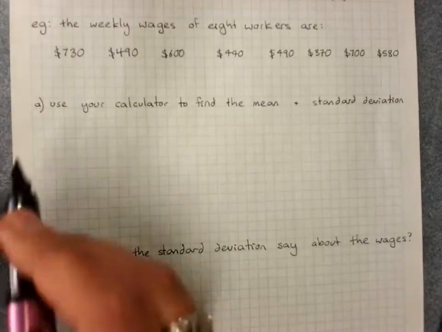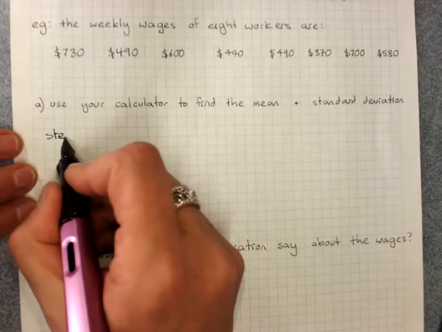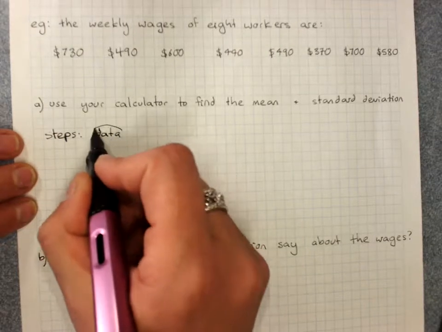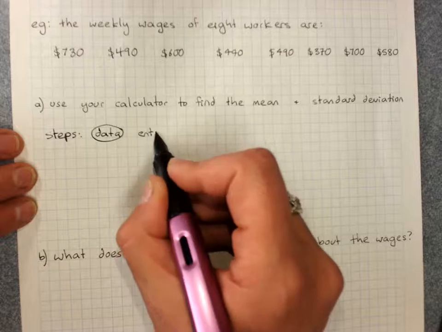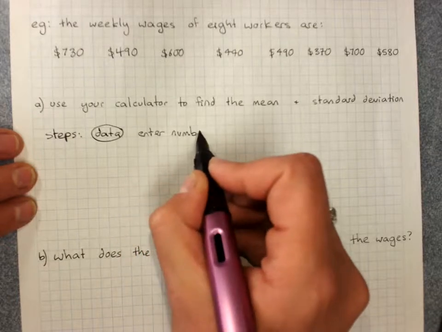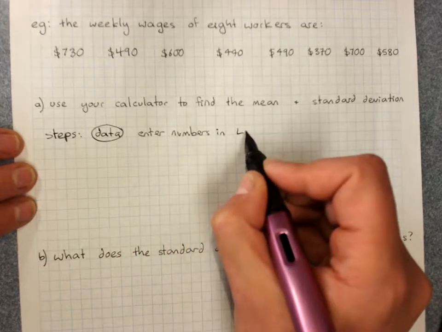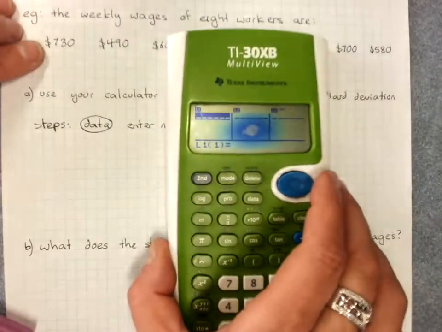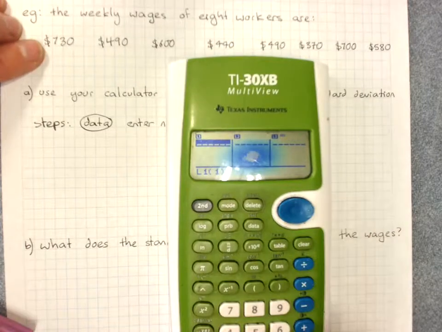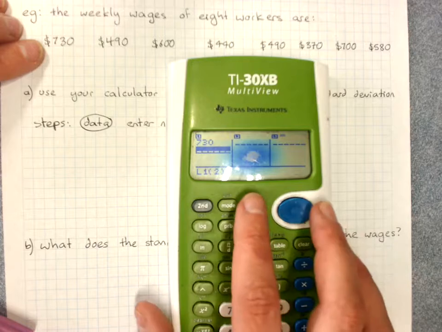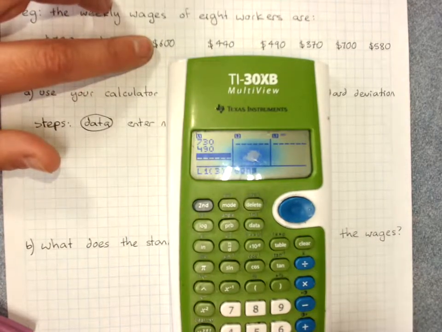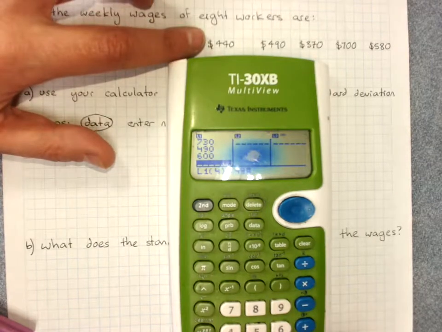So my steps on the green calculator, we want the data button and enter numbers in L1. So working our way down, 730, sorry about my slightly dodgy calculator, 490, just hitting enter after every one.